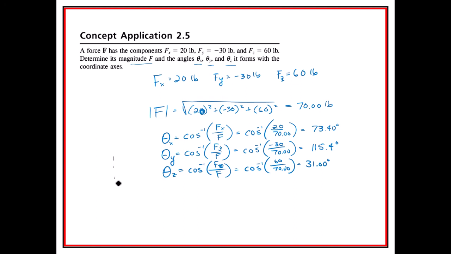If we were going to take a look, let's make really light lines, and then put in the components. We could see that the components were 20, here's fx. 30 was negative y, so y was negative 30.